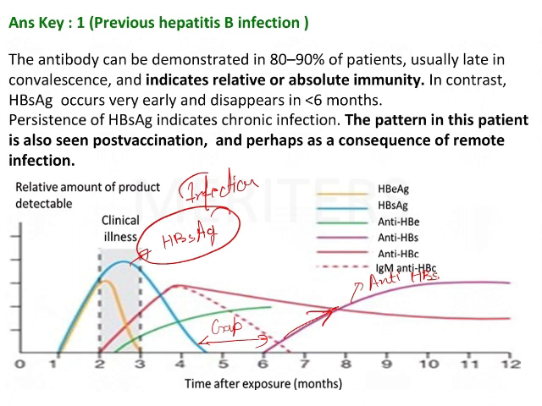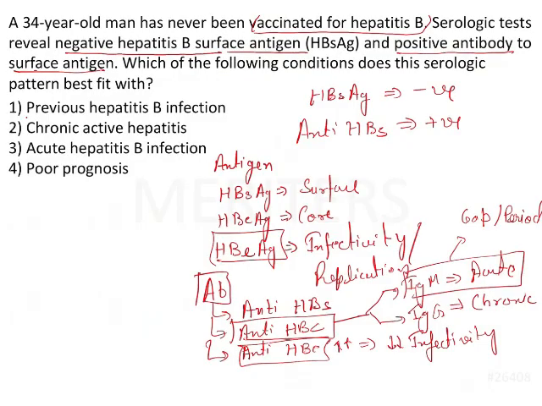Since vaccination was not given, that means there would have been a prior or previous infection by hepatitis B. So if I go back to the question, the answer will be previous hepatitis B infection. Chronic active hepatitis is explained by IgG against anti-HBc, right?